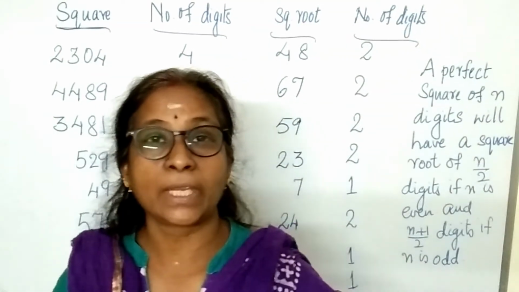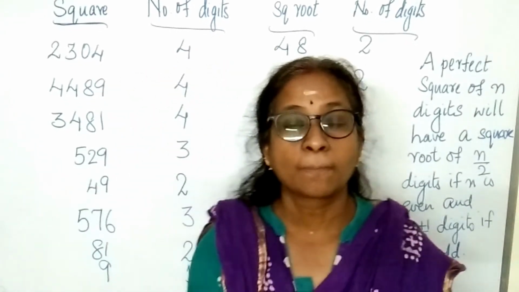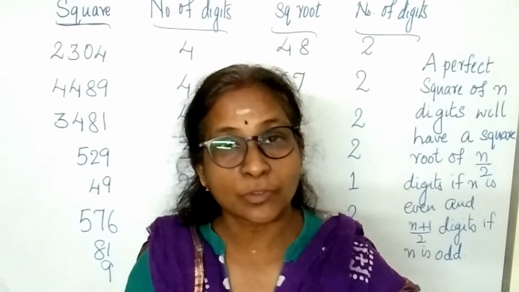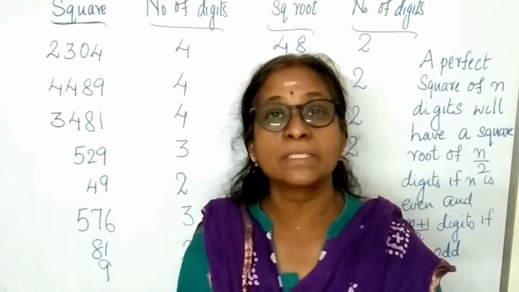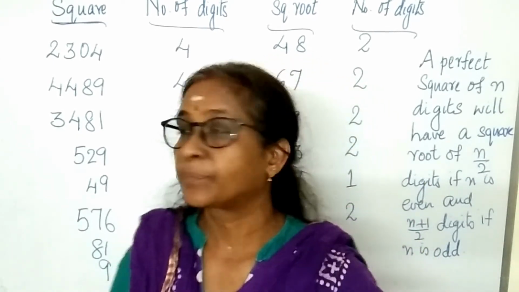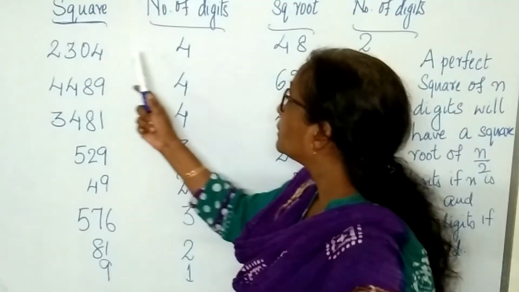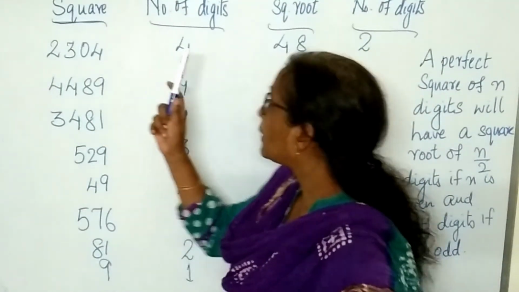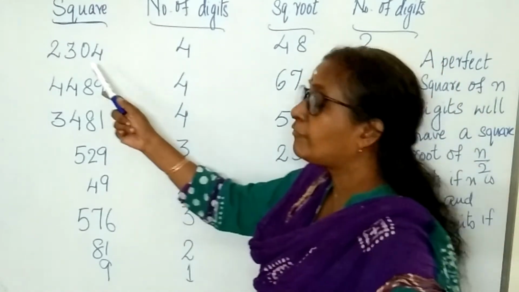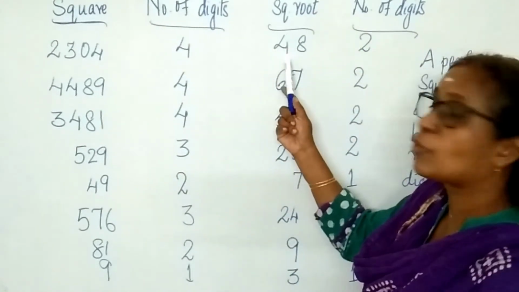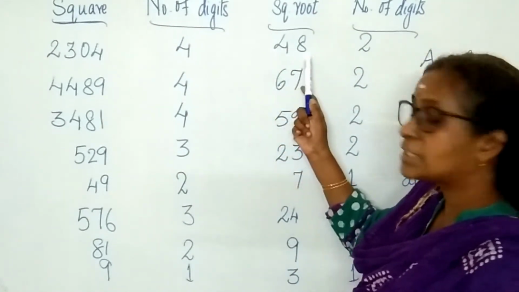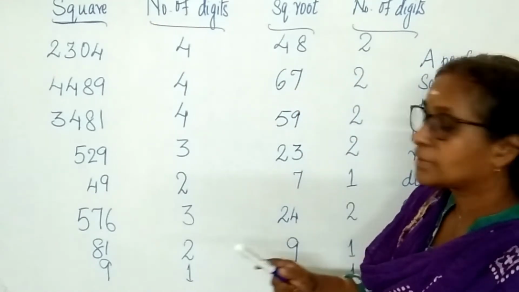Now let us see a special pattern in the number of digits of square numbers as well as the square root. You see here, this is a square number. How many digits are there? 4 digits. And we found its square root, 48. How many digits are there? 2 digits.